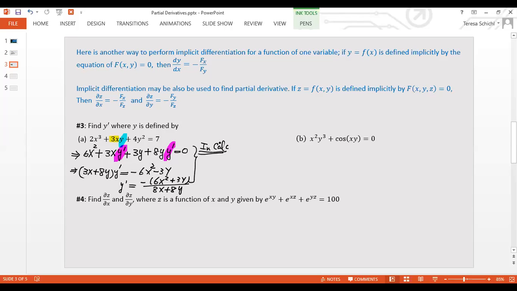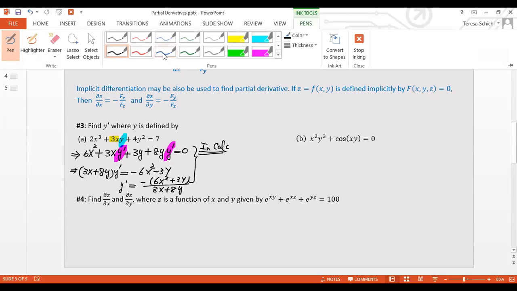Okay, and then in here, we can use a partial derivative concept. It says here, you treat all of this as a big f of x, y function.